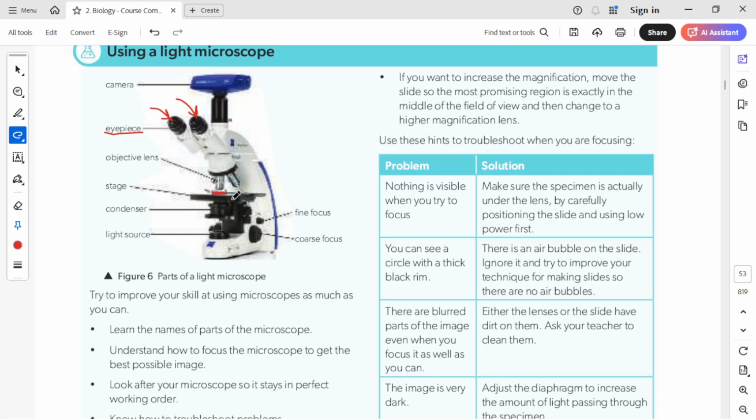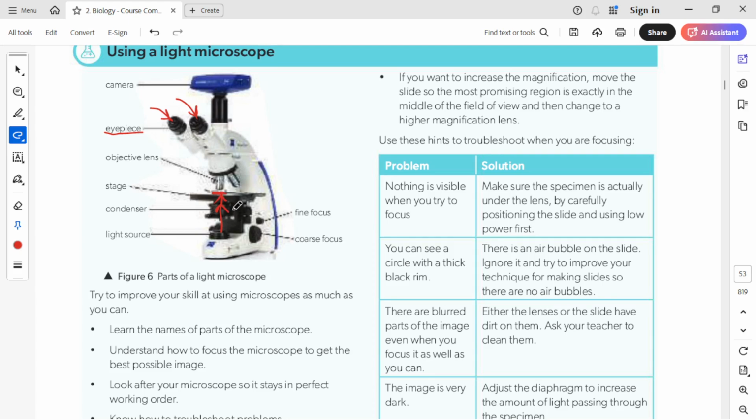Now to see it, you need light. This will be a light source which comes from below. From here the light will be sent, and the condenser will make sure that only the required amount of light reaches the object. The extra light will be cut so that you get a better, clearer picture.